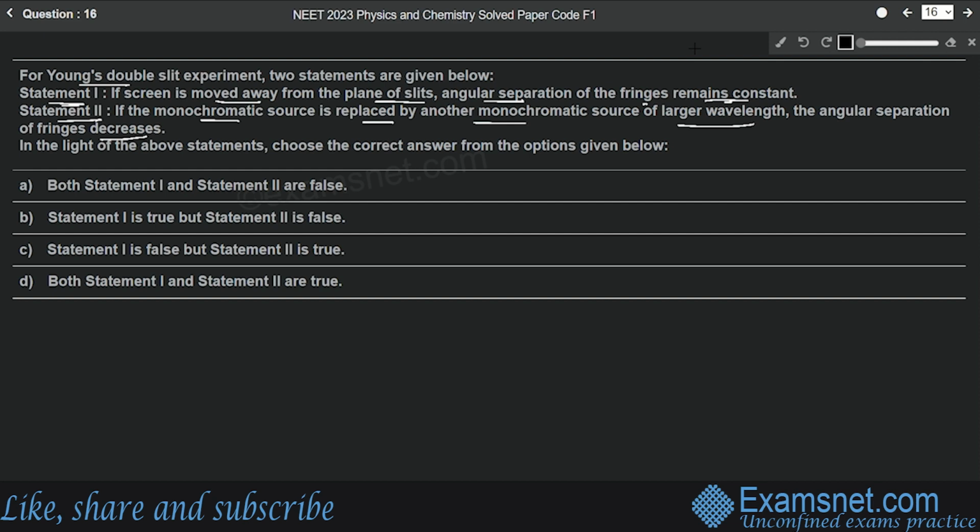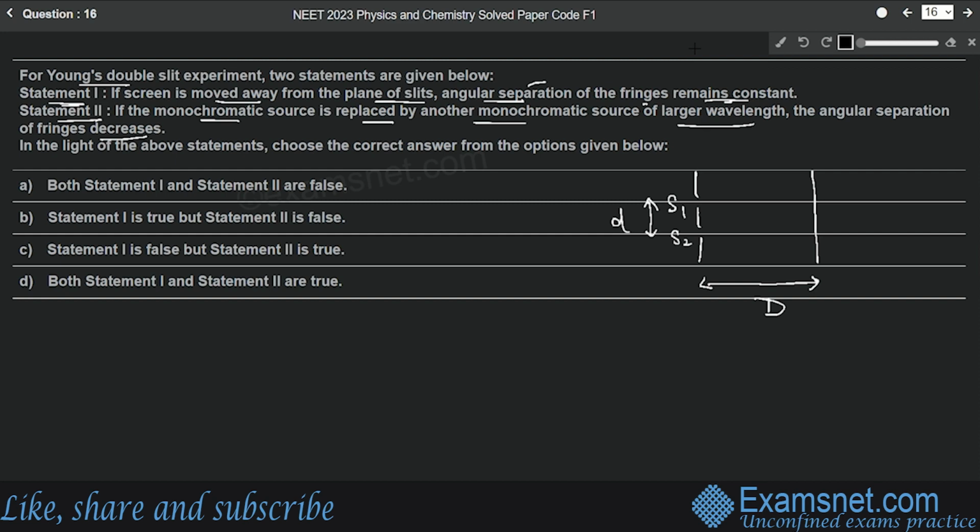Okay. So in double slit experiment, we know that there will be two slits. Let's say this is slit 1 and this is slit 2. And the distance between the two slits is taken as small d. Now, if there is a screen at this location, then the distance between the screen and the plane of the slits is taken as capital D, right? Now, what is the formula for angular fringe width or the angular separation of the fringes?